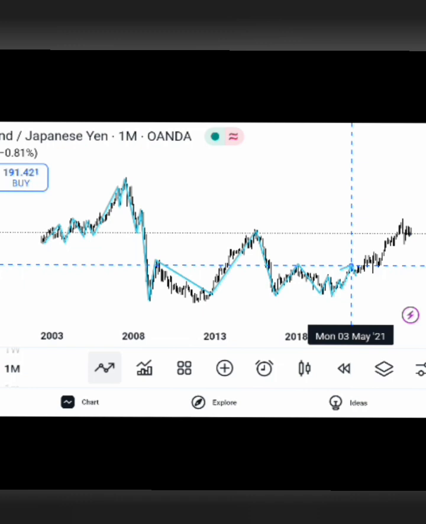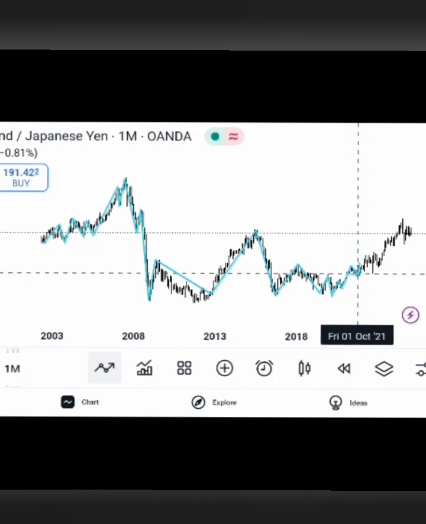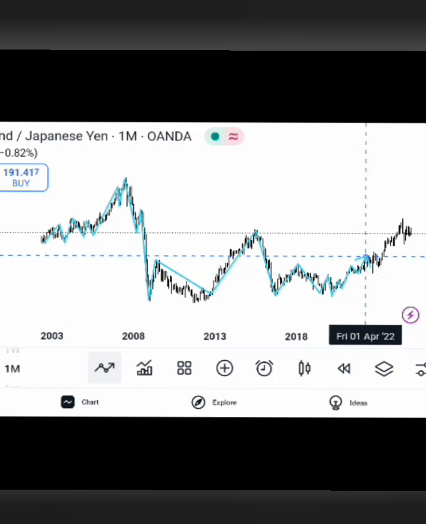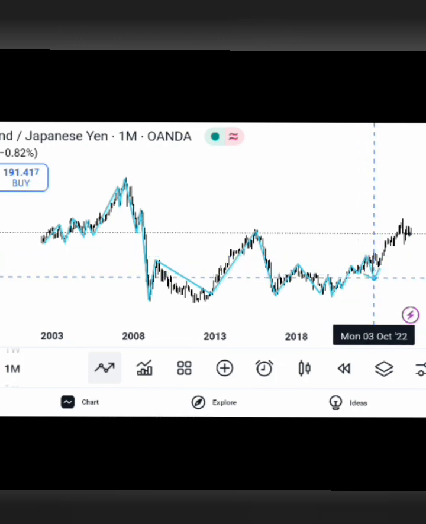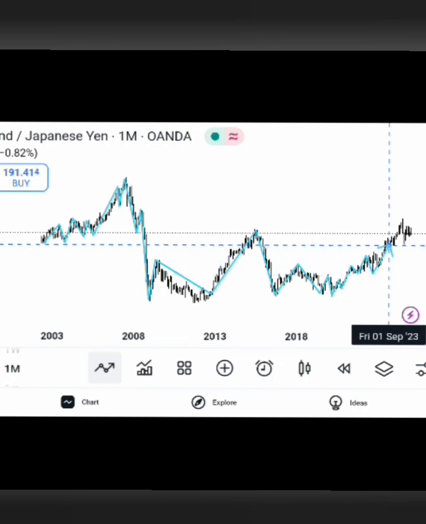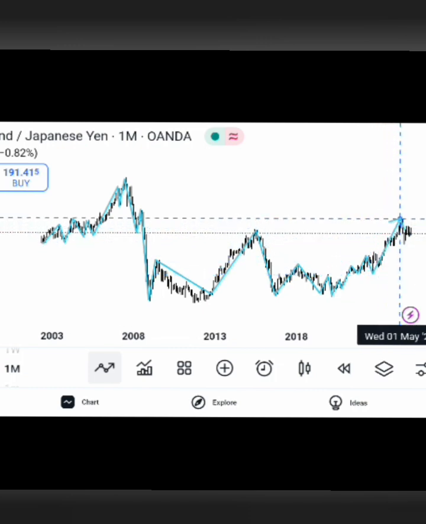If you know how bullish structure is forming, then it did what? It came down, pulled up, came down like this, then pulled up, and it pulled up again all the way to this point. This is where the market is right now.